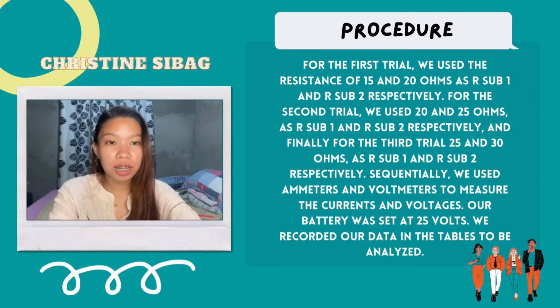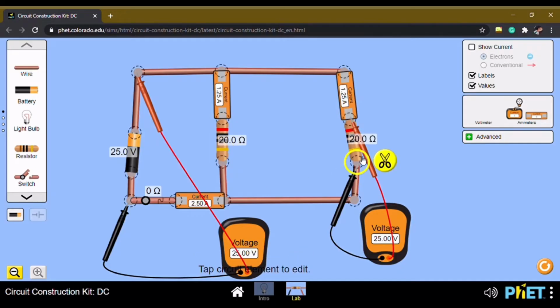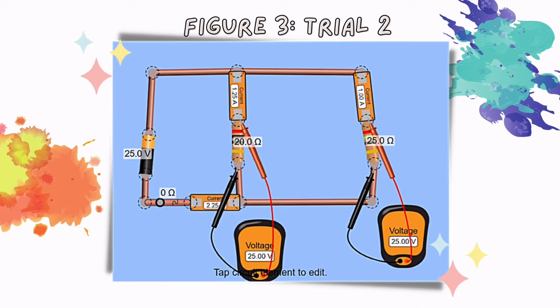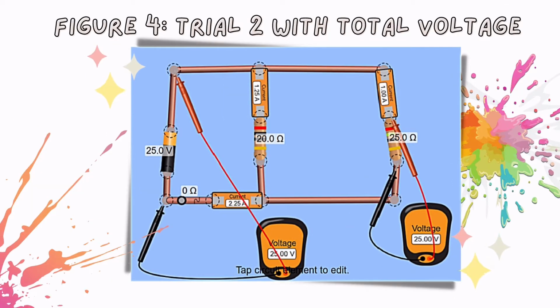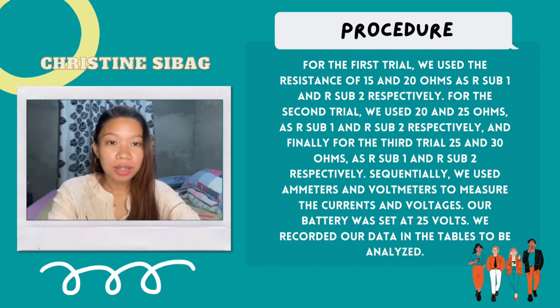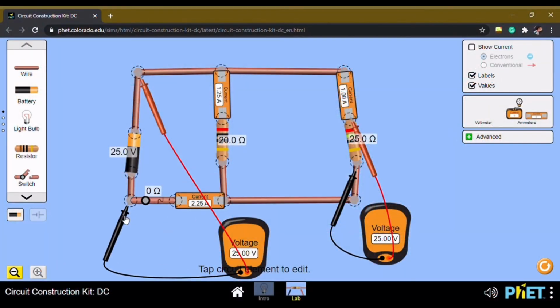For the second trial, we use 20 and 25 ohms as R sub 1 and R sub 2 respectively. And finally, for the third trial, we use 25 and 30 ohms as R sub 1 and R sub 2 respectively.